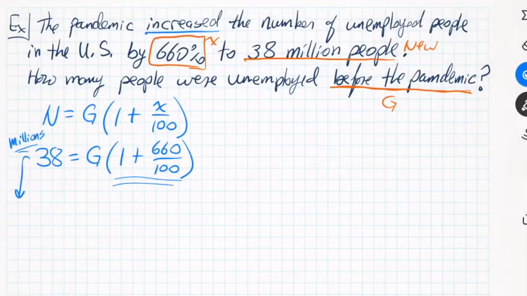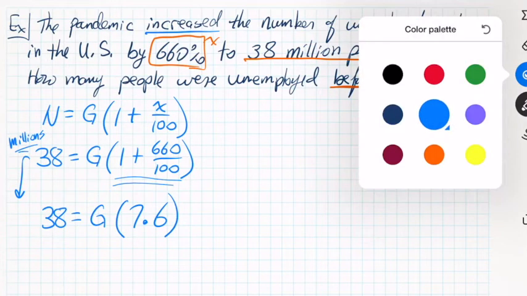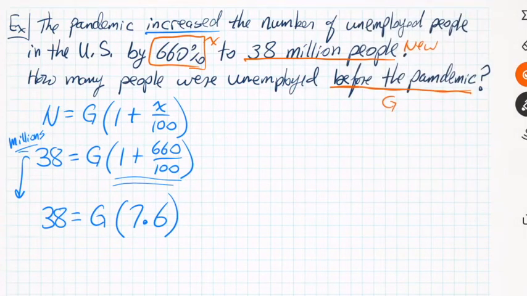So I'm going to come back over here and write 38 equals G times 7.6. Now, the operation connecting the G and that 7.6 is multiplication. So if I want to get G by itself or solve for G, I'm going to divide by the number that's next to it, which is 7.6.